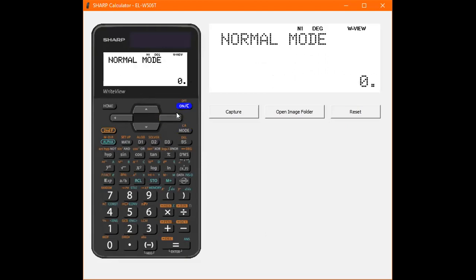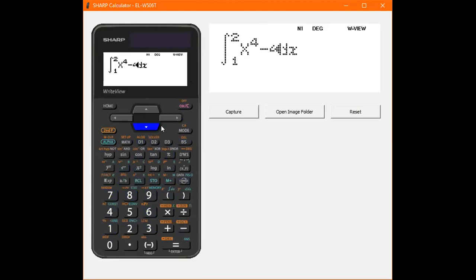Now we can also integrate, and we do that by pressing alpha and our open bracket to give us the integral. Again, it's your definite integral, so it's between 2 points. We'll just use 1 and 2 and use the same expression again, x to the power of 4 minus 4, and then equals.